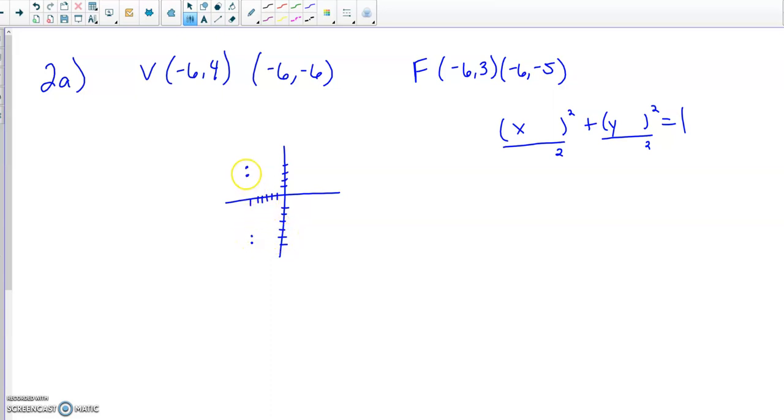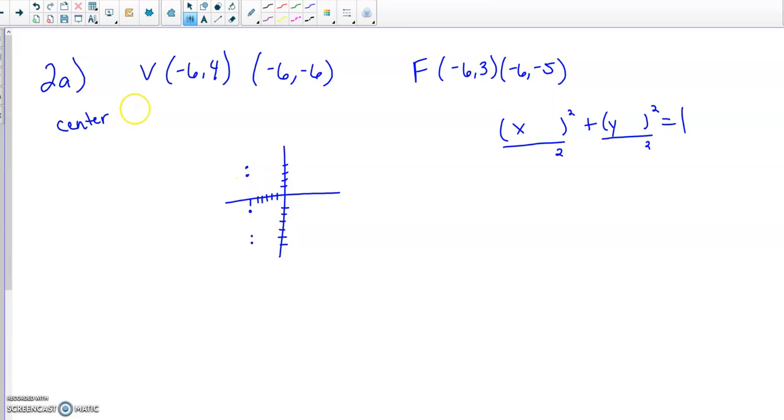So what we're going to do is count from focus to focus. So inside dot to outside dot. 1, 2, 3, 4, 5, 6, 7, 8. So half of 8 is 4. There's my center. I'm going to go ahead and write center here.